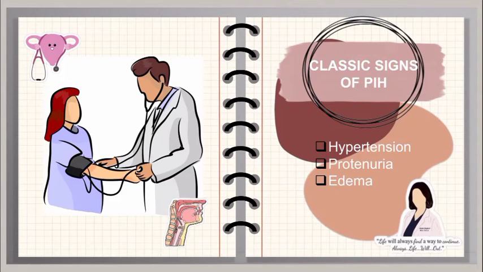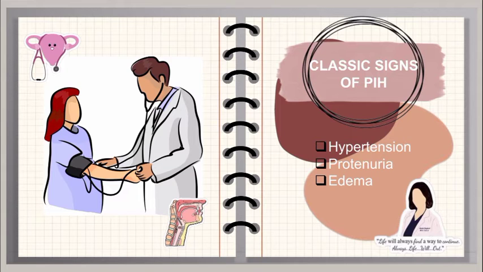So, what are the classic signs of pregnancy-induced hypertension? So, the first is hypertension. The normal blood pressure of a person is 120/80. So you are considered hypertensive if your blood pressure is 140/90.